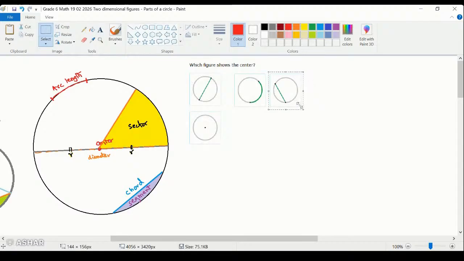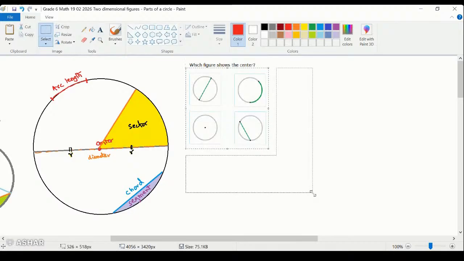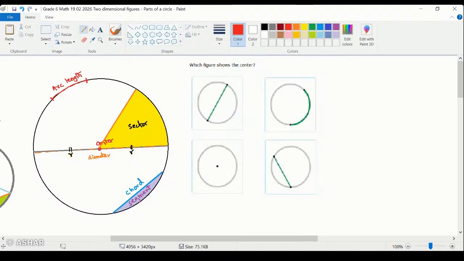We'll find the center and also try to label the remaining values. So if this was our question number one, which shows the center, we know that this would show the center. Agreed? This is the answer.